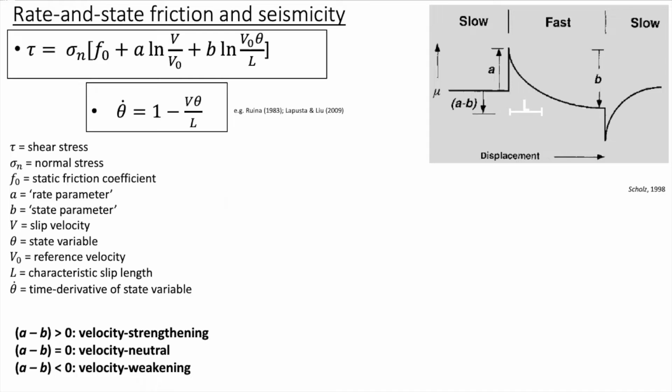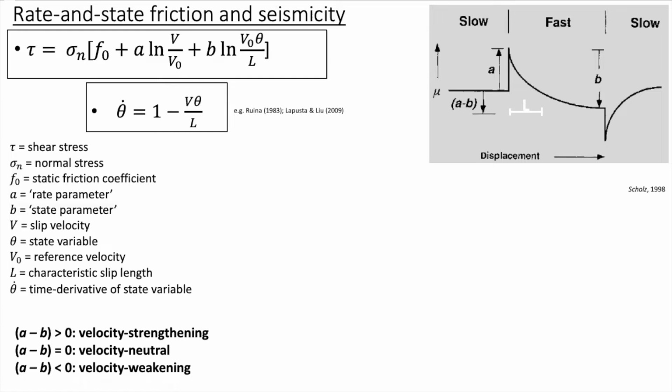If the effective frictional strength of the material increases when the slip velocity increases, then it's velocity strengthening and tends to slip or creep stably or aseismically. If friction decreases with higher slip velocity, then the material is velocity weakening and potentially unstable. So velocity weakening fault materials are more likely to allow fault locking and seismic slip.